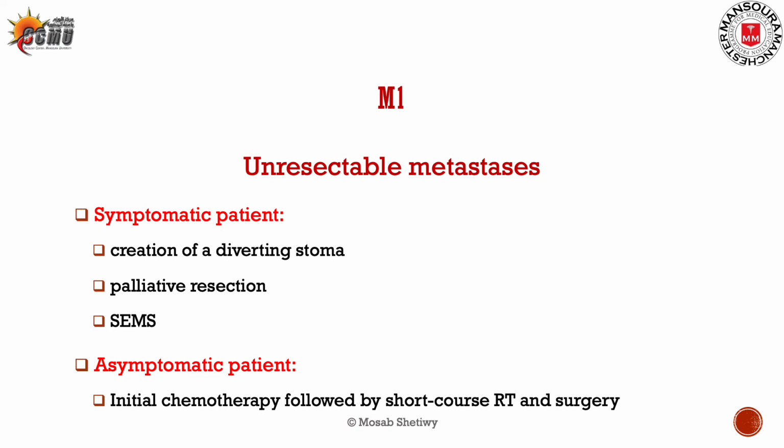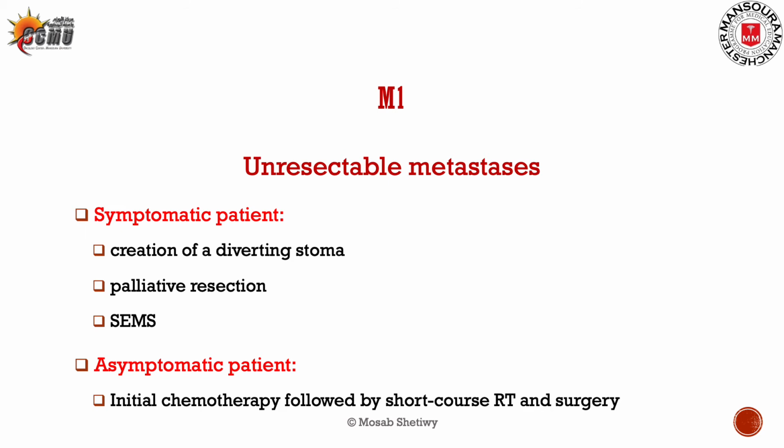As we've mentioned, for unresectable disease, if the patient is symptomatic, then we can just perform a diverting stoma, because it's usually symptomatic from obstruction. We can do palliative resection if there is life-threatening bleeding. And lastly, SEMS or metallic stents can be used in such settings of obstructing lesions, but they are not preferred in low rectum.